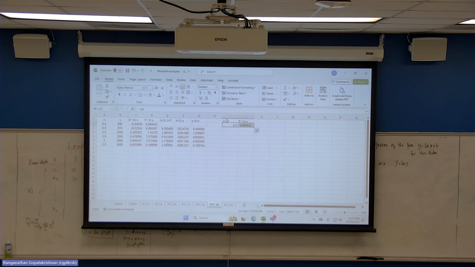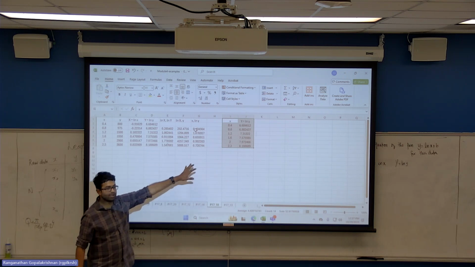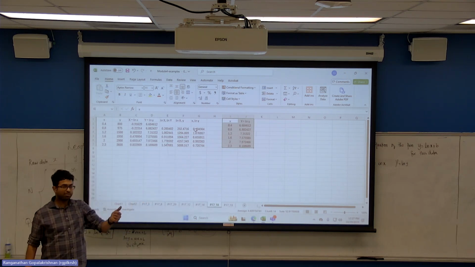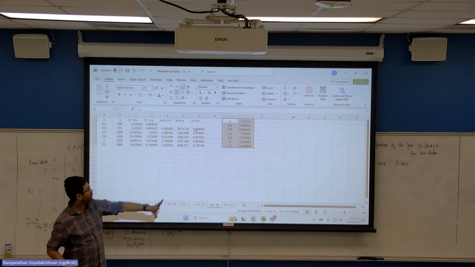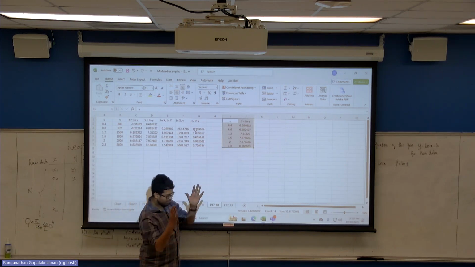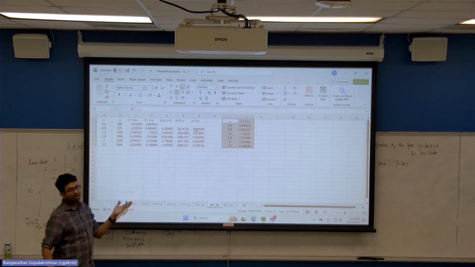Just for clarity, I'm putting them separately. So you have decided that this is the data that you want to fit the straight line. And from here to getting M and B, you're okay, right? If you narrow this down, you're going to get M and B.